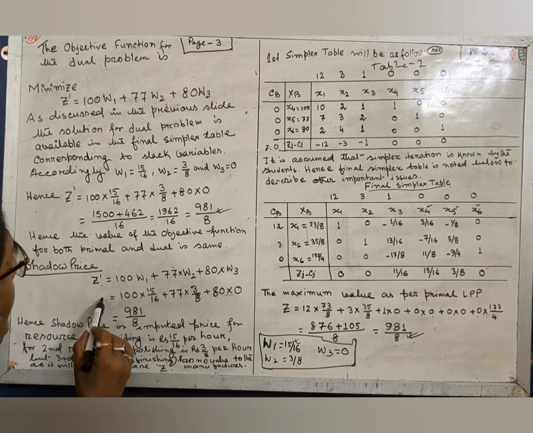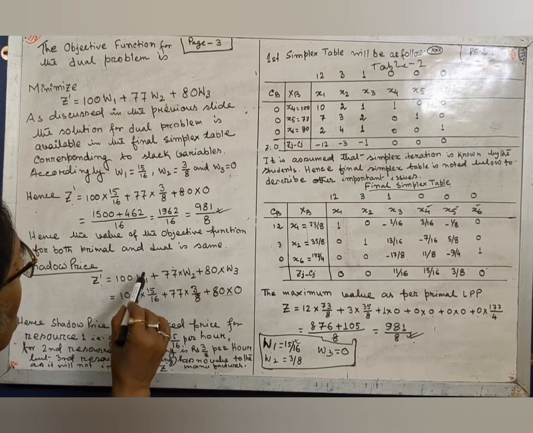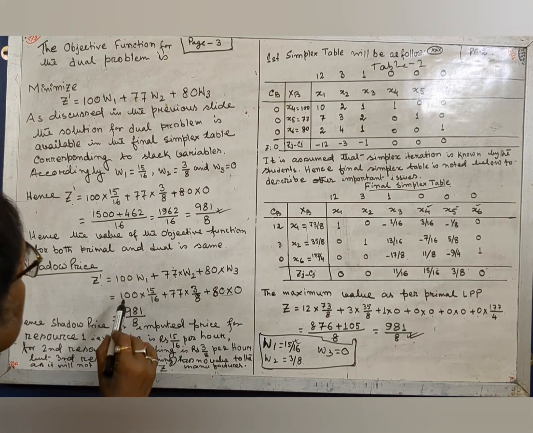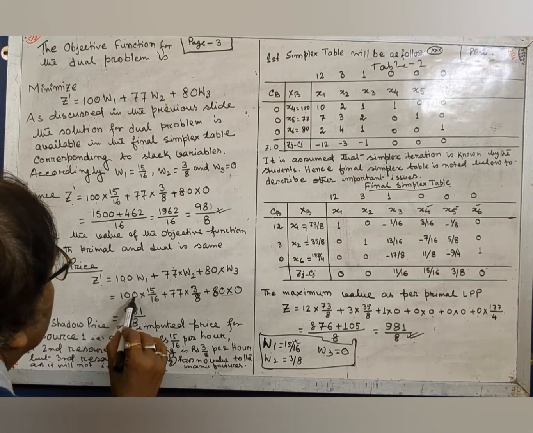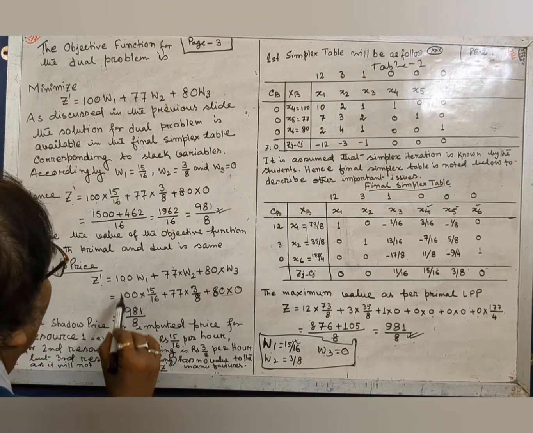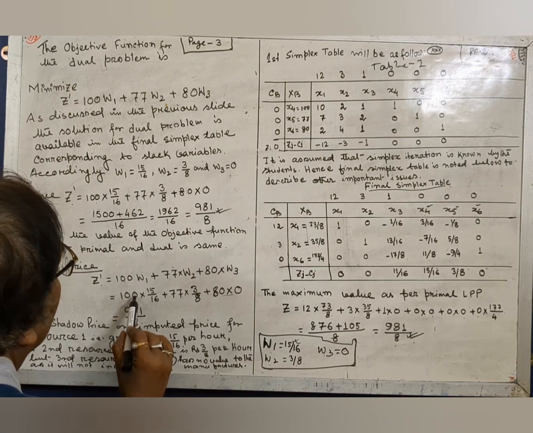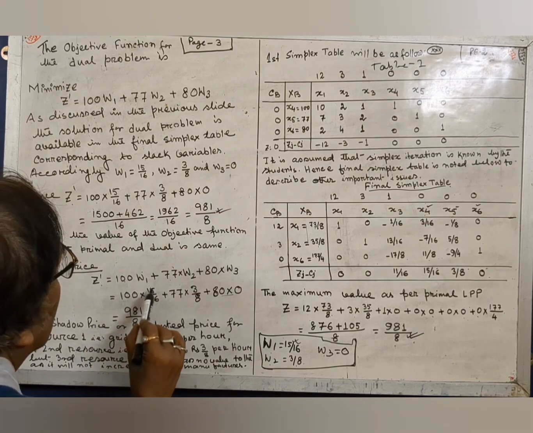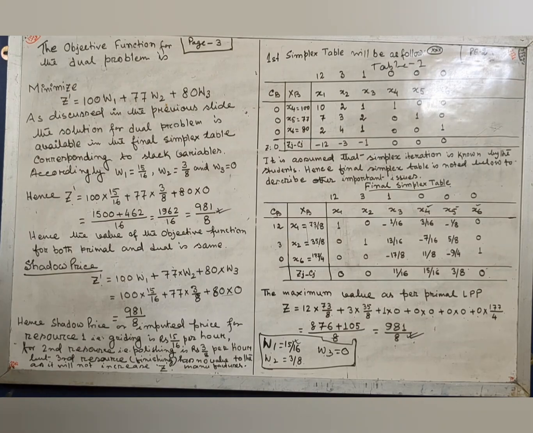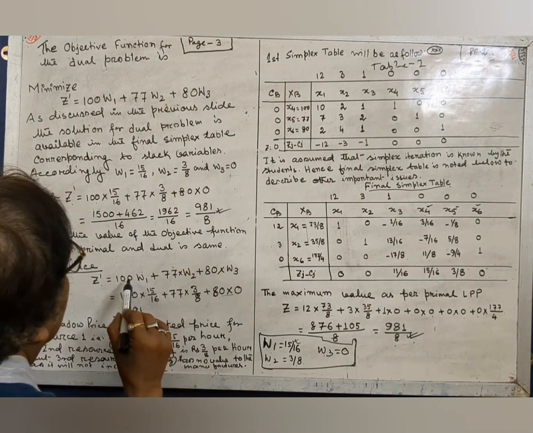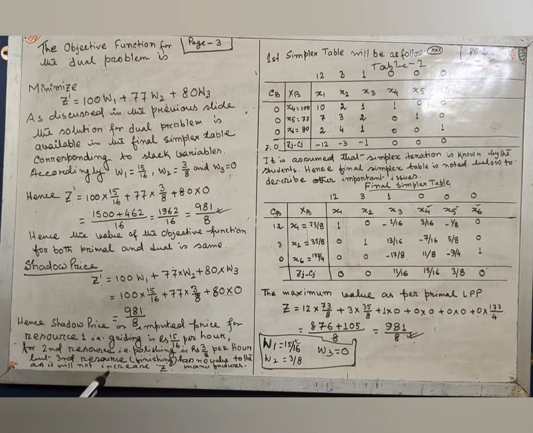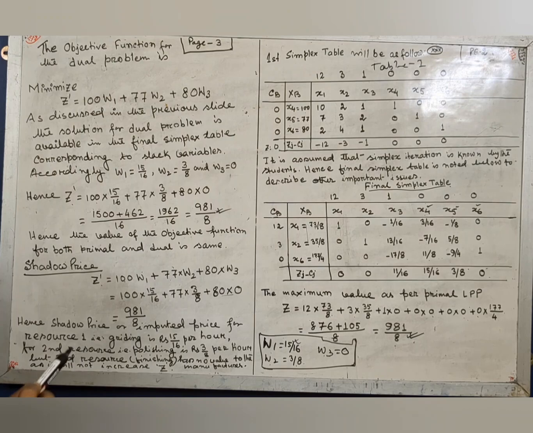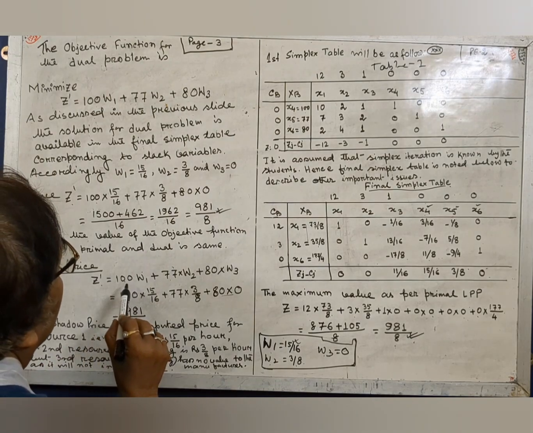The objective value will be increased by 15 by 16, because in place of 100 you write 101, as 1 hour of resources is increasing, and you will get an extra maximum value of 15 by 16. This is the worth of the limited resources for the grinding machine.